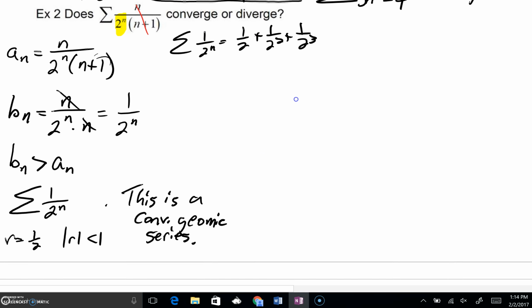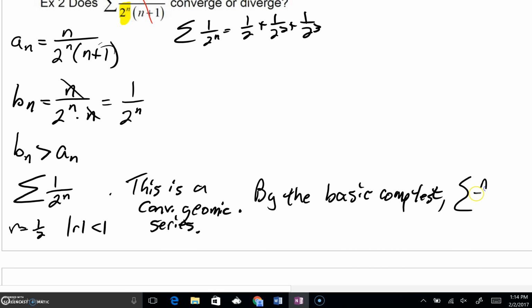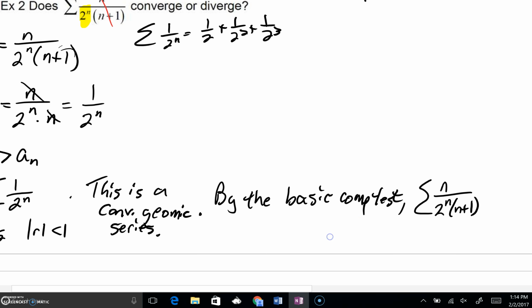So how do we write this? We can say by the basic comparison test, the original series converges also. And you can just say converges.